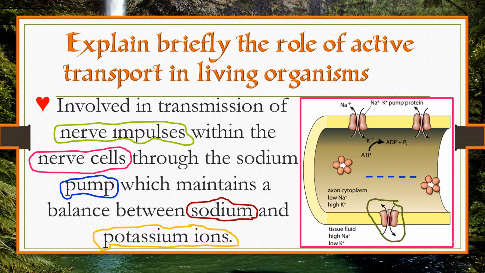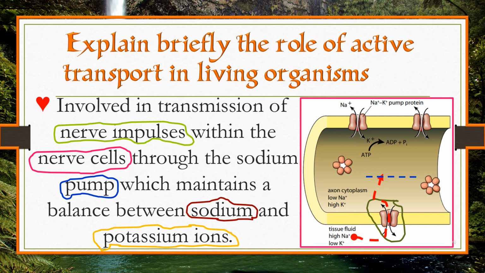By doing so, we shall increase the concentration of sodium in the axon cytoplasm, and inside will become positive. So the voltage-gated channels will open, and when they open, sodium ions are going to diffuse from the tissue fluid and enter into the axon cytoplasm.